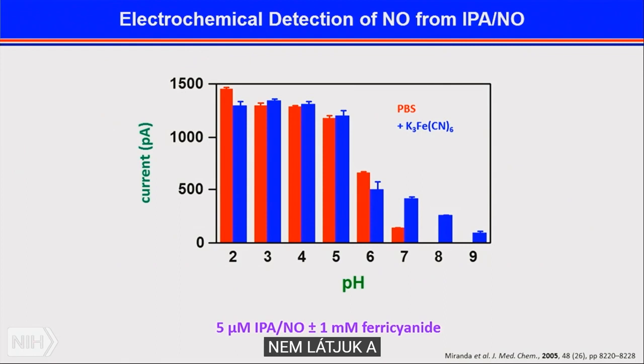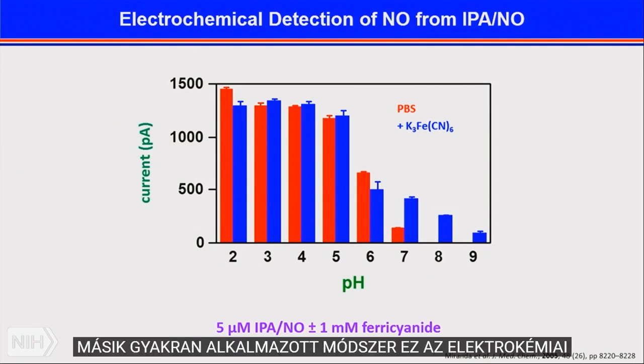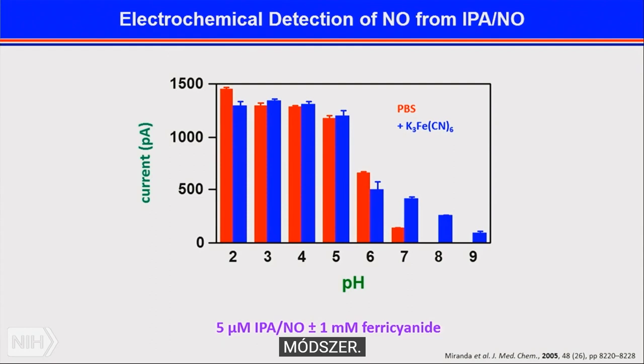The other method which is commonly used is this electrochemical method. So this is again an electrode for nitric oxide detection. We use an indirect method to convert HNO to NO by using ferricyanide. And as you can see, the red bars show the NO formation at different pH in PBS.